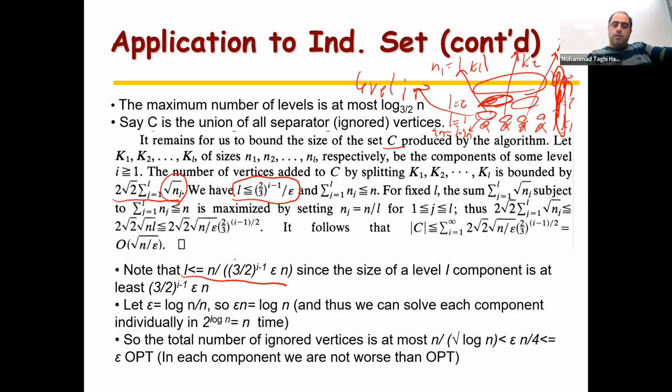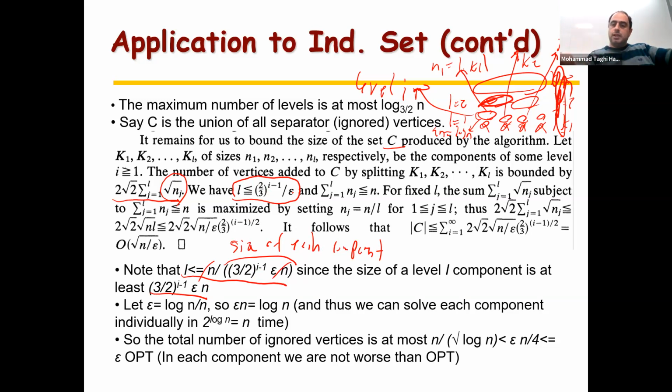So the size of each component is at least this. How many components can I have? It would be at most n divided by the size of the connected components. If you simplify, n will cancel out, and I will get this formula for L.